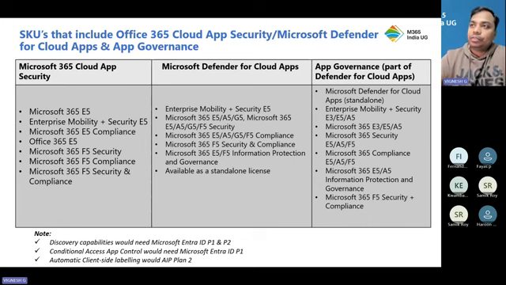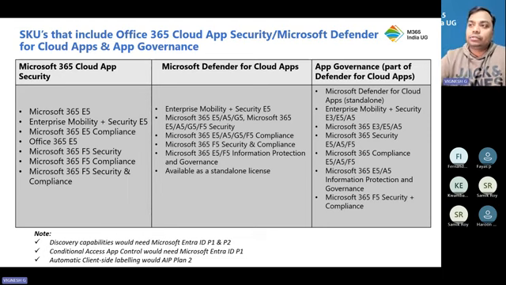But Microsoft Defender for Cloud Apps is meant for a lot of other SaaS solutions. Microsoft 365 is the primary one, but it can take care of other SaaS solutions also, Dropbox, Google, and there are about 33K apps out there which it can look into.